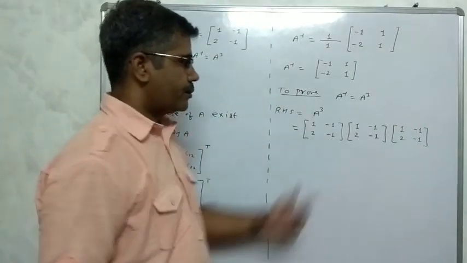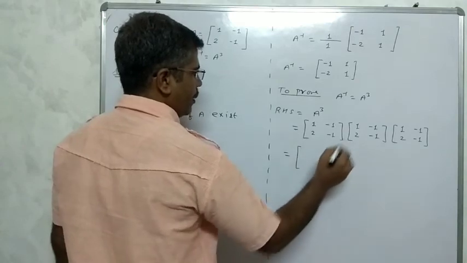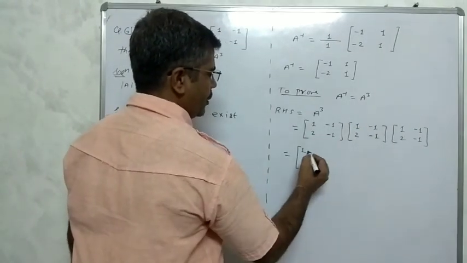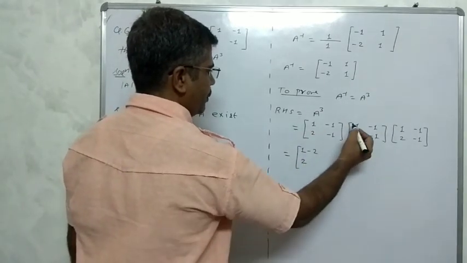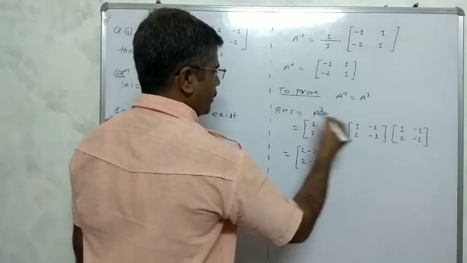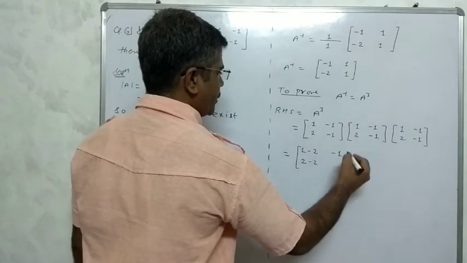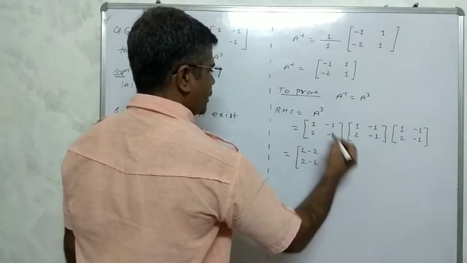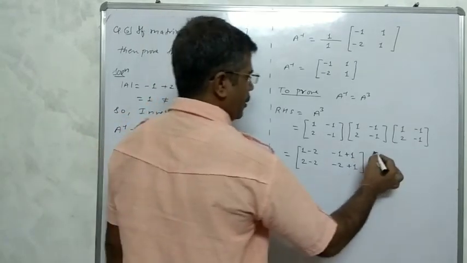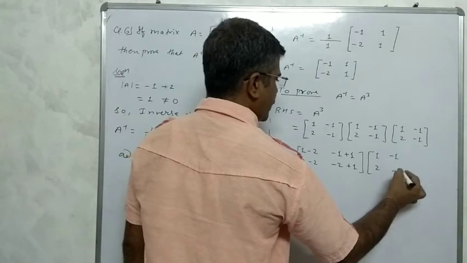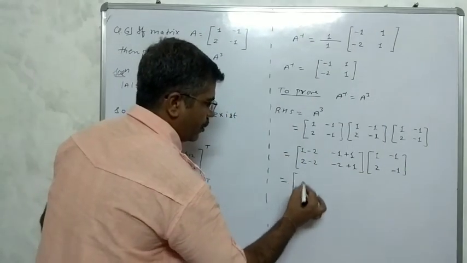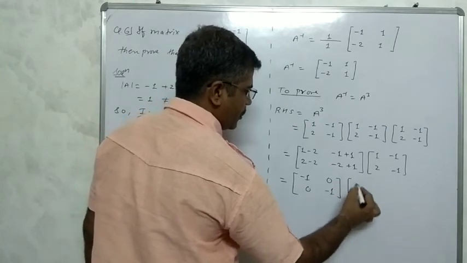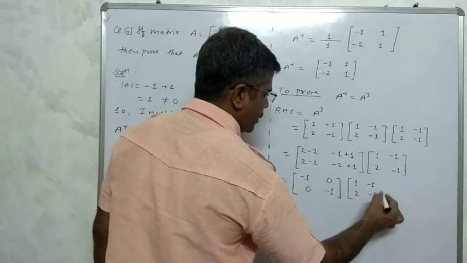We multiply first: 1 into 1, 1, 2 into minus 1, minus 2, so minus 1; 1 into 2, 2, 2 into minus 1, minus 2, so 0; minus 1 into 1, minus 1, and minus minus plus 1, so 0; minus 1 into 2, minus 2, minus minus plus 1, so minus 1. Then 1, 2, minus 1, minus 1.